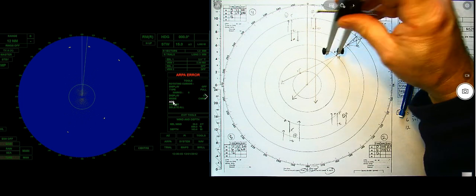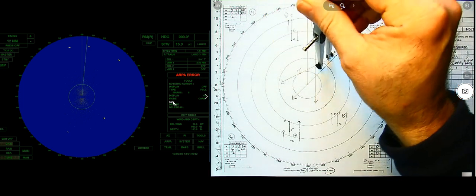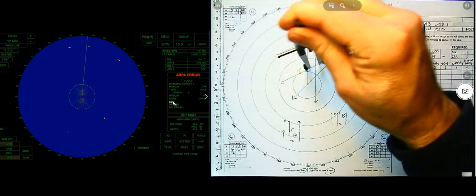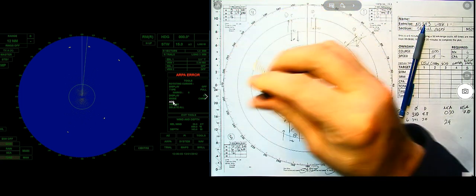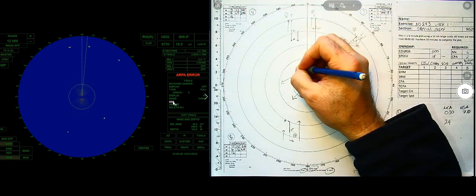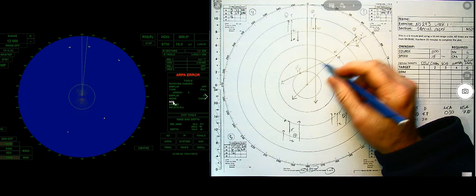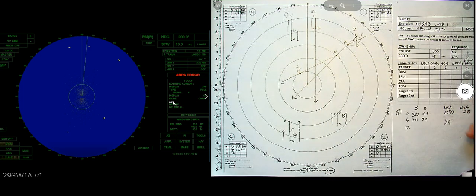So now this is going to be an additional 6, 12, 18, 24. Looks to me like an additional 25. So 14 and 25, that's 39. Okay, so the new time of CPA for the new speed of advance would be about 39 minutes. Okay, and that's how you can figure that out.